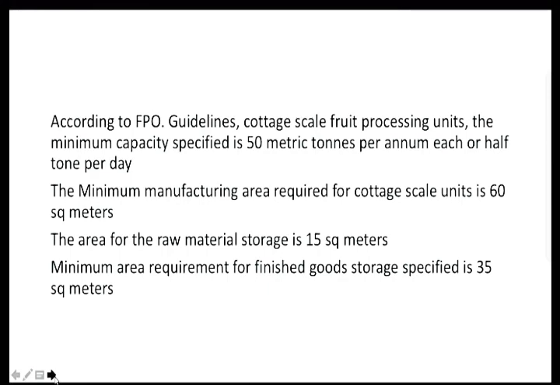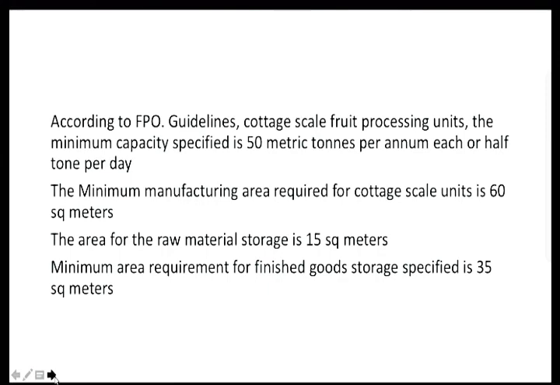Yes, sir. Okay. According to the classification of the FPO 1955 specifications, they categorize the entire processing units into two categories: scale A category and scale B category. Whatever we have learned earlier, we have formulated in the form of a table: production capacity per annum, minimum manufacturing area, storage area for raw material, and area for finished goods. In the B category, the capacity is more compared to the A category. In the B category, the production capacity is 100 to 250 metric tons.